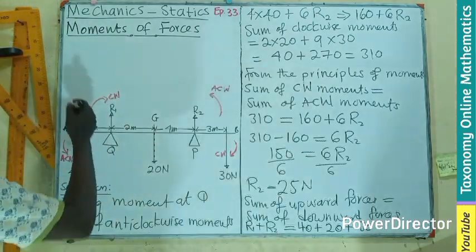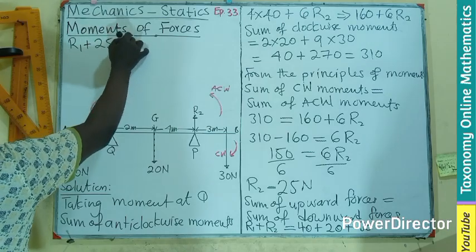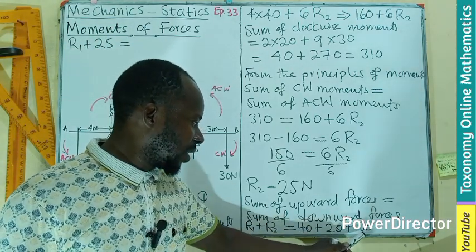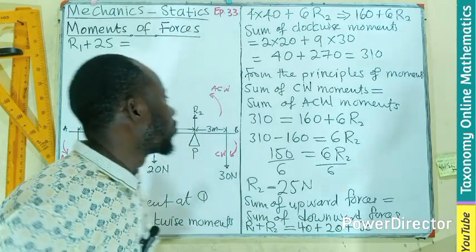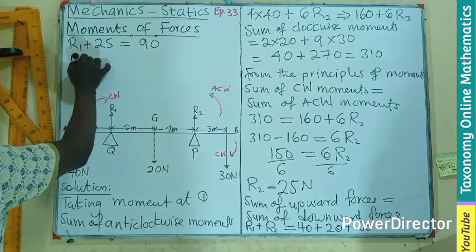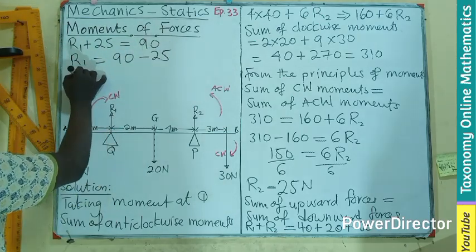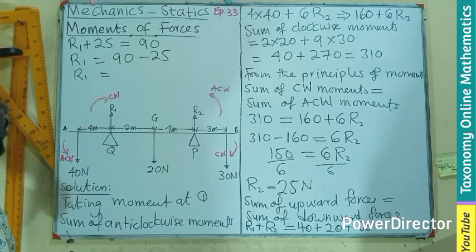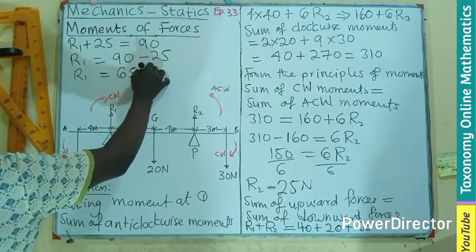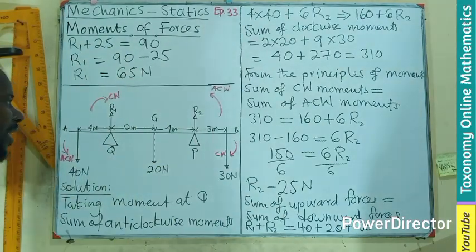So right away, I'll be having R1 plus 25 equals, this is 60, 90, right? 50, so we have 90. So R1 should be equal to 90 minus 25. So R1 will be 90 minus 25, it will give you 65 Newton. So you can see that this is what is going to be the answer.